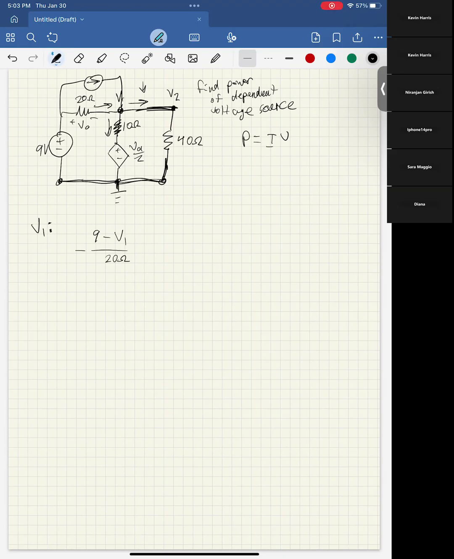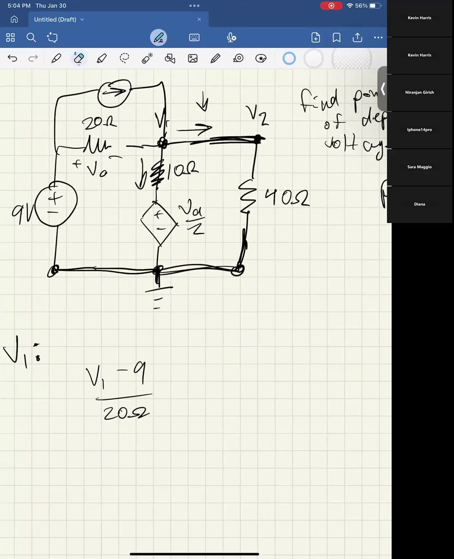What I say to do instead is, if you look at this, this is mathematically equivalent to V1 minus 9 over 20 ohms. You just swap these two around. And it's just much easier to leave everything where you have the node you're looking at in the first place. But by Zorman's method, that would mean we are guessing that this is going out.